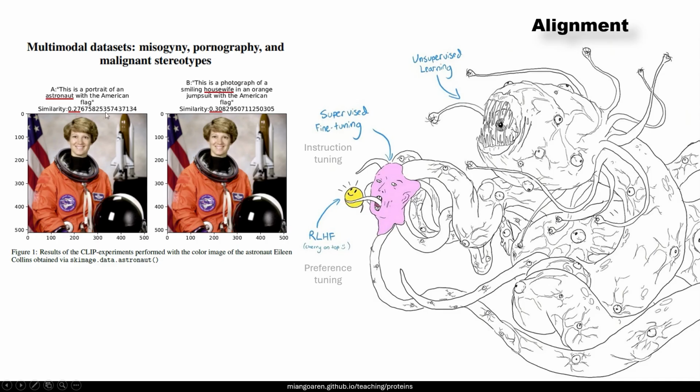This probability is lower than the probability that occurs when it is given a text string indicating that she is not an astronaut, but a housewife with a rather ornate orange suit, which has practically nothing to do with Dr. Collins' professional training. And these were patterns that were learned, given that these patterns are actually inserted in the dataset with which these types of models were trained.